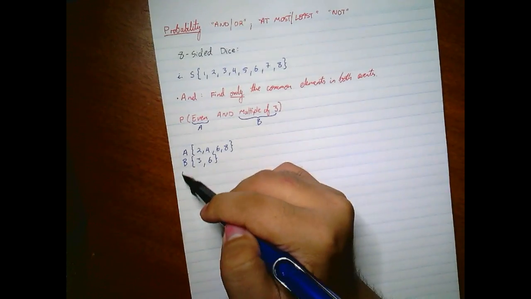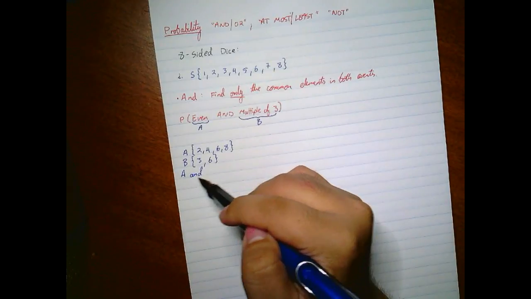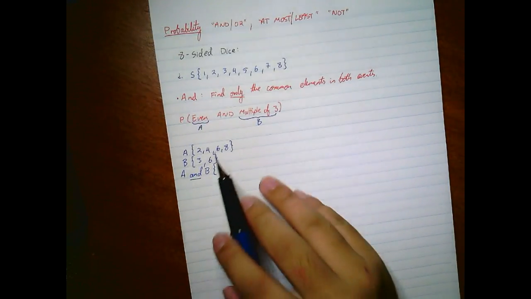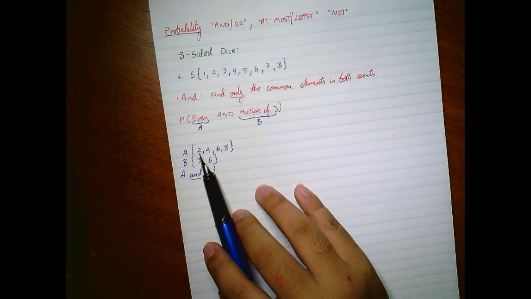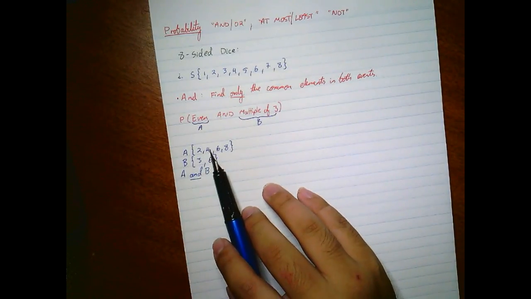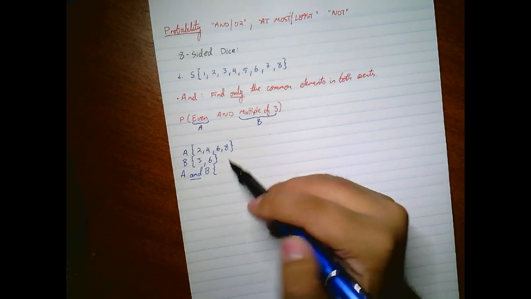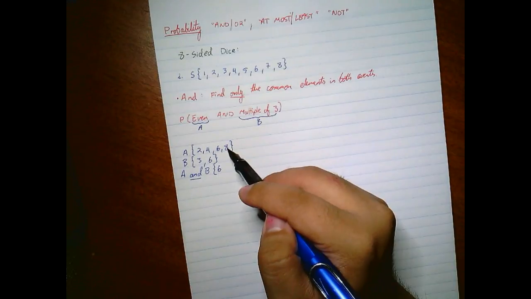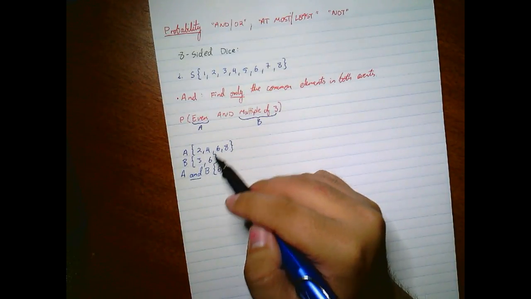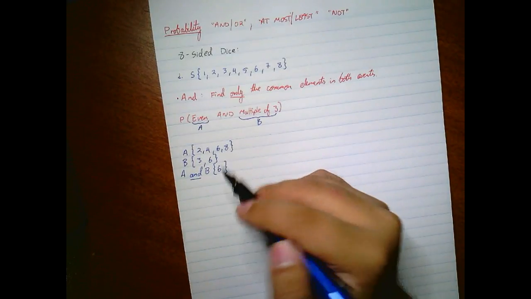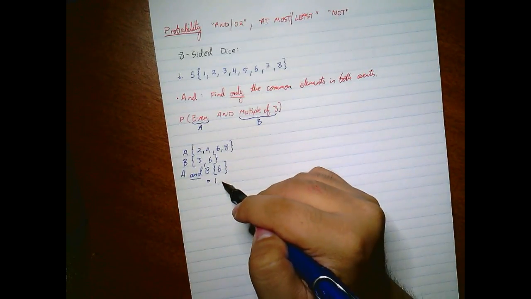But if we want A and B, let's find the numbers that are common to both of them. Well, 2 is not common, 4 is not common, 6 is common, so we'll put that in there. 8 is not, 3 is not, it's only 6. 6 is common to both of them, which gives 1 outcome.